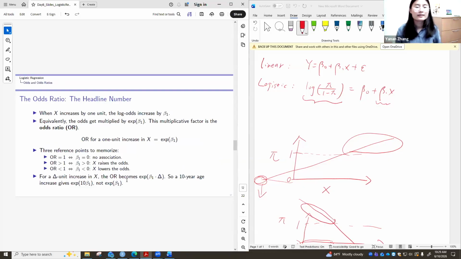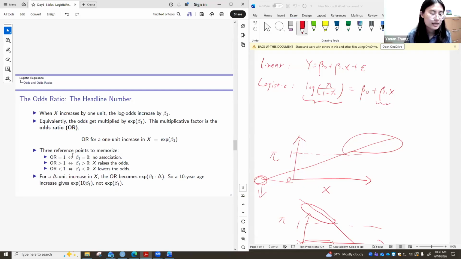Here, suppose X is our age and the outcome is coronary heart disease. We know the odds ratio can be calculated by exponentiating the slope for age, exp(beta 1), right? Suppose beta 1, our estimated slope for age, equals 0.